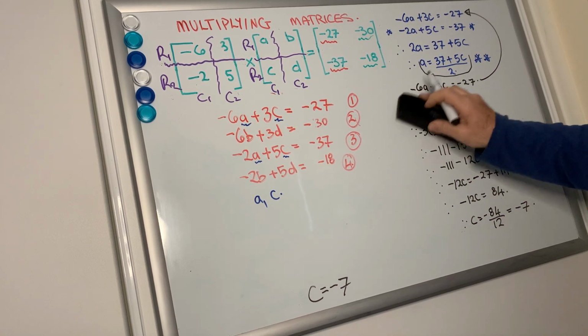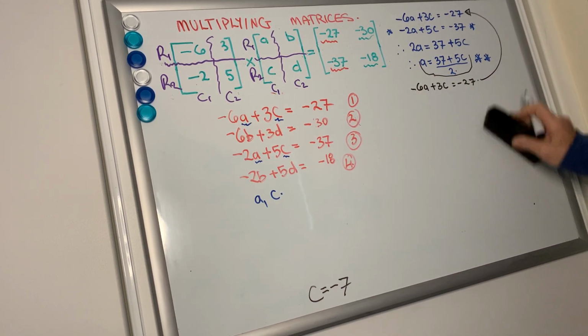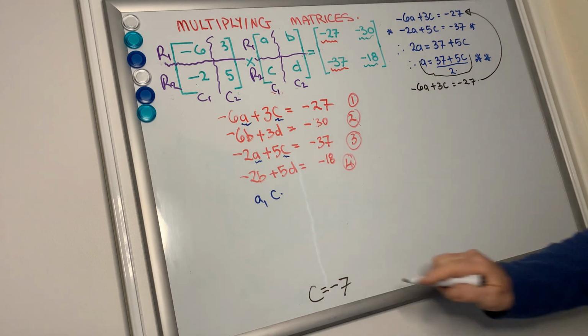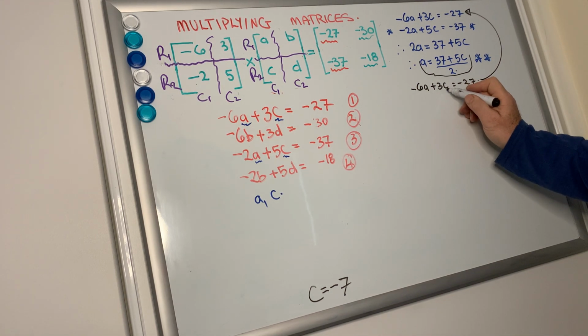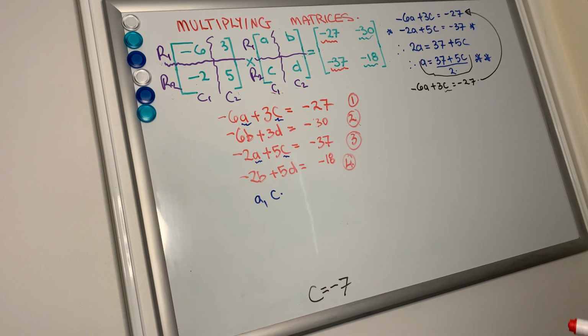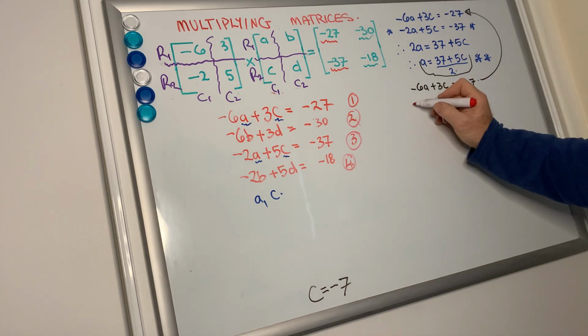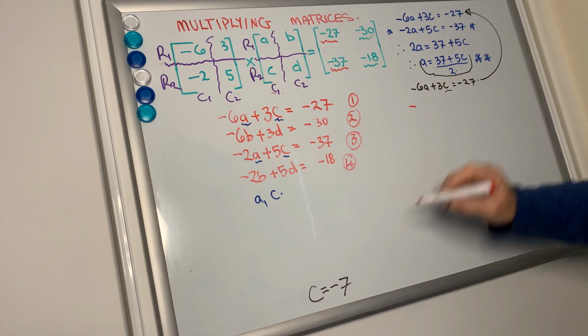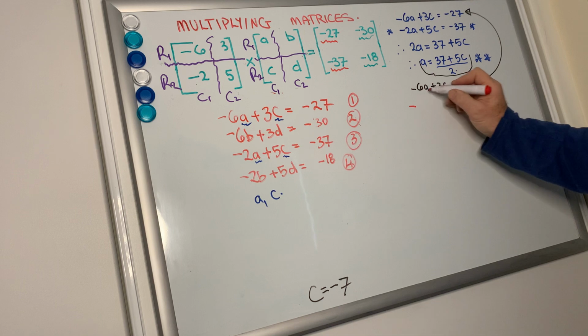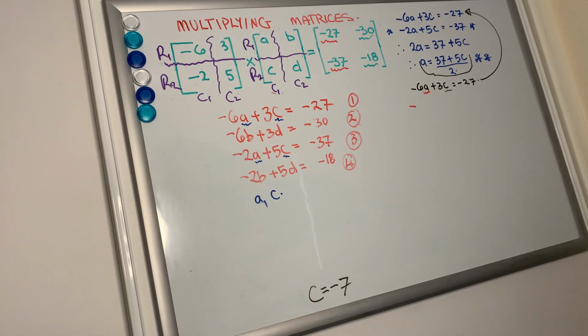Now, let's take all of this out, and I put this c value back into this equation here to find our variable of a.